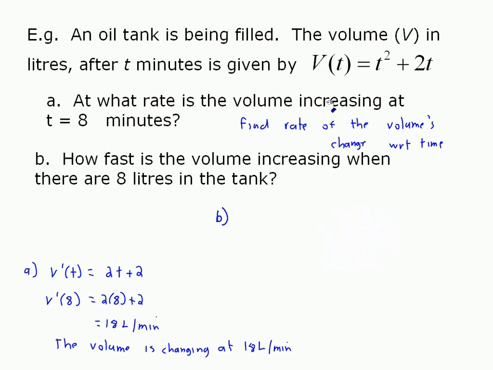So we use the original formula, because this will give us the volume for specific time values. And we want to find out at what time is there going to be 8 liters in the tank. So when is there 8 liters in the tank?